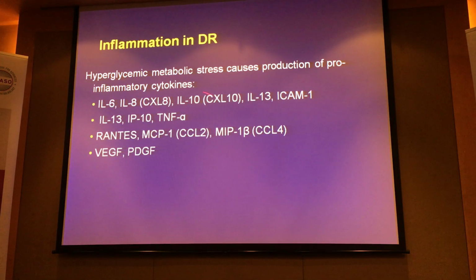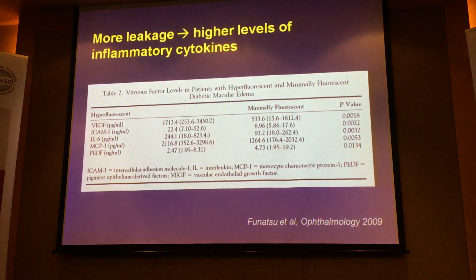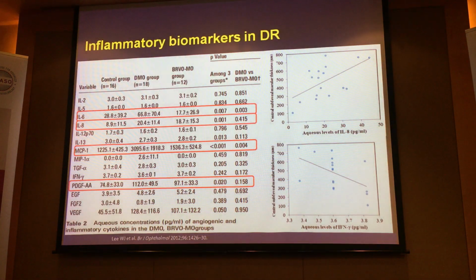There are many examples of how hyperglycemia upregulates inflammatory cytokines, not only in the eye, but throughout the body. More leakage is due to higher levels of these cytokines. Direct correlation. And all these inflammatory biomarkers are higher the worse the DME is, so you can correlate it with the macular thickness.